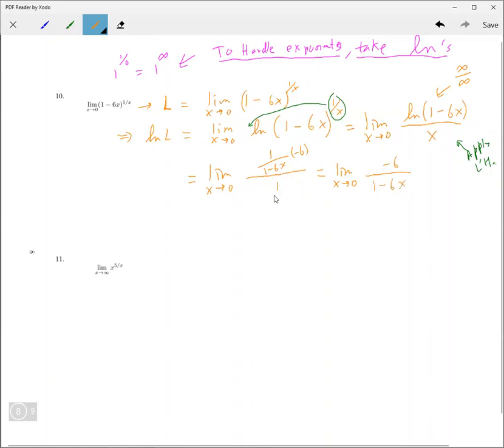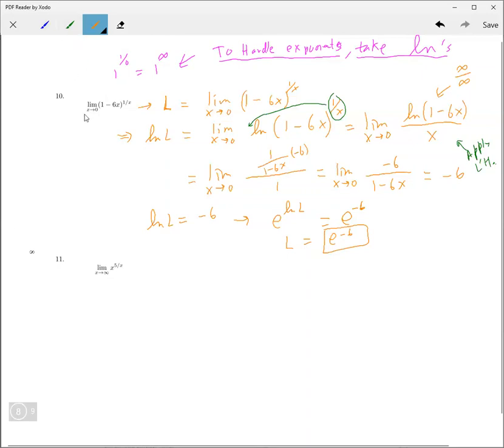Now when I go to 0, this is just going to go to negative 6. But this is the natural logarithm of the limit, which is negative 6. So I exponentiate both sides, and I have the limit is e to the negative 6. And so that will be the answer.